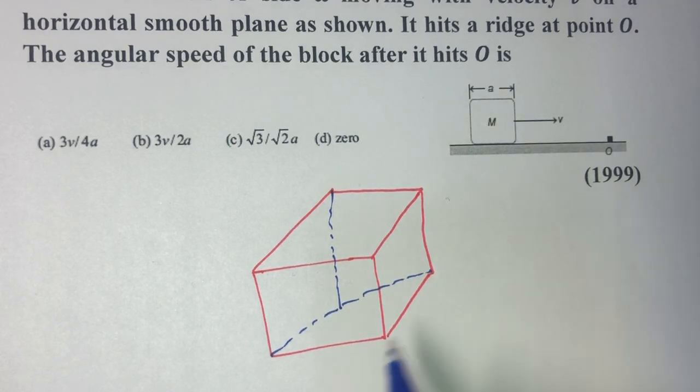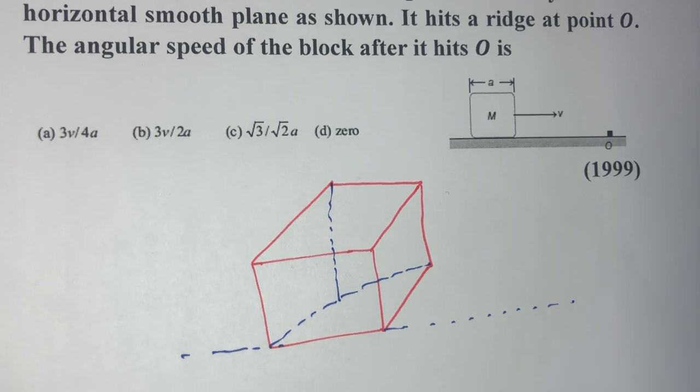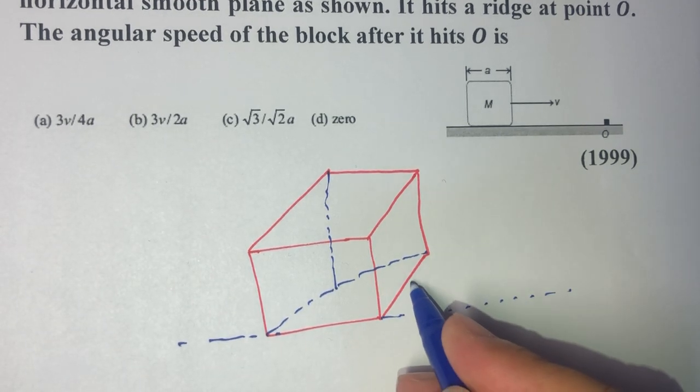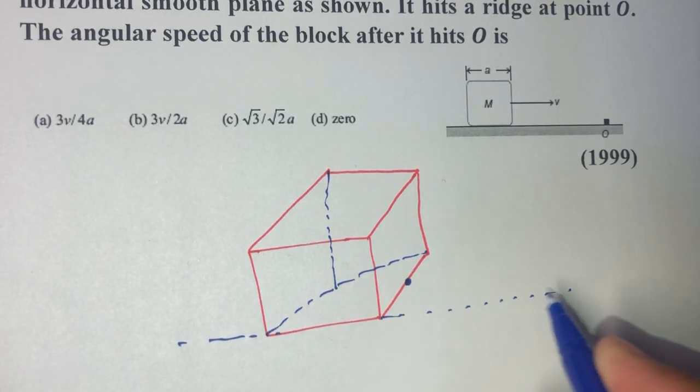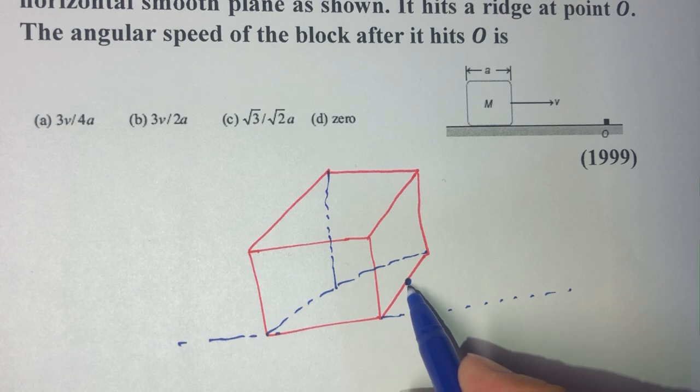So this is the cube and it is moving along this surface, and this is the point O at which this cube is going to hit the ridge.